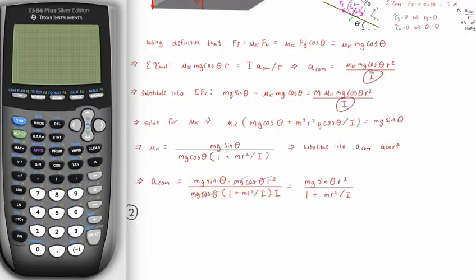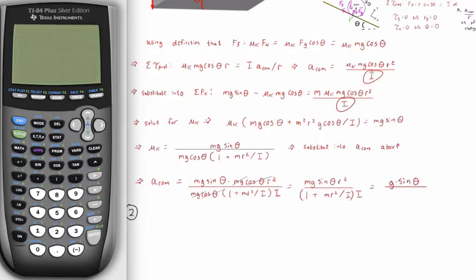So let's fix that up. This is multiplied by I, so our expression is going to become sine theta, or really g sine theta.